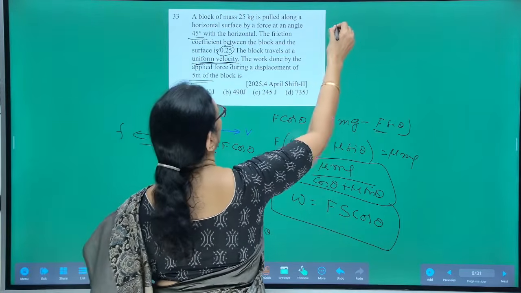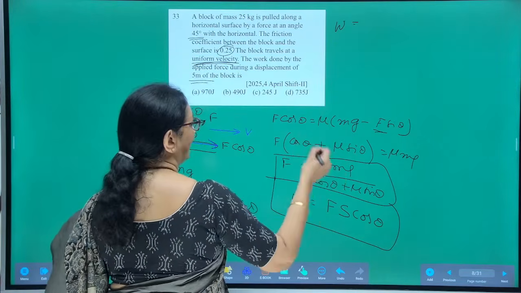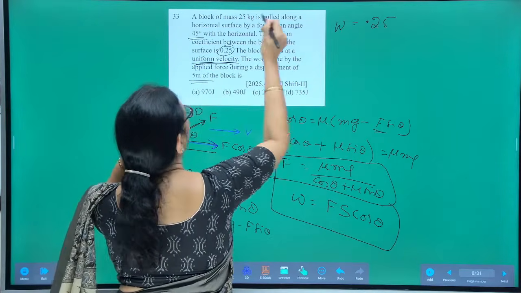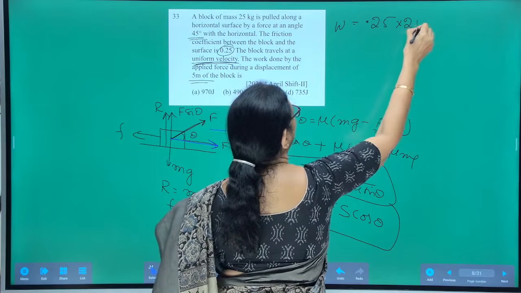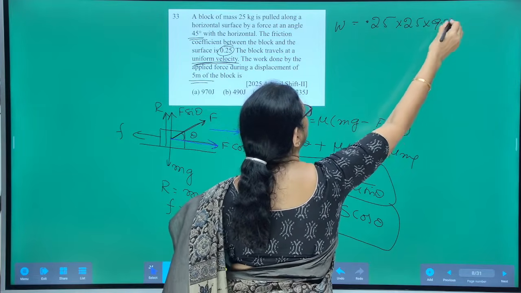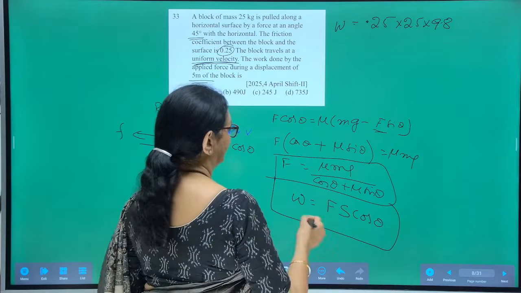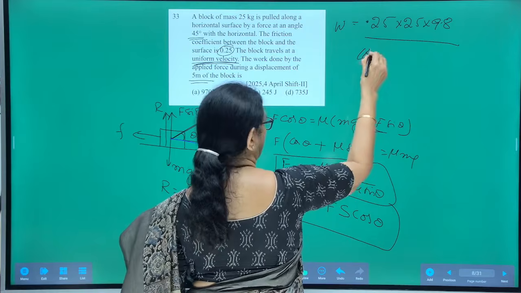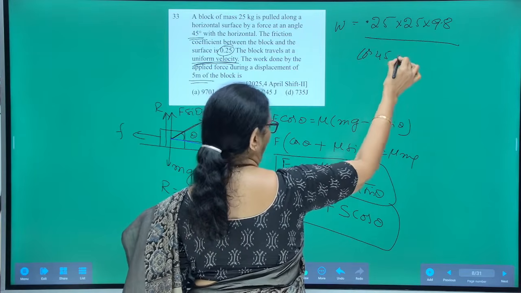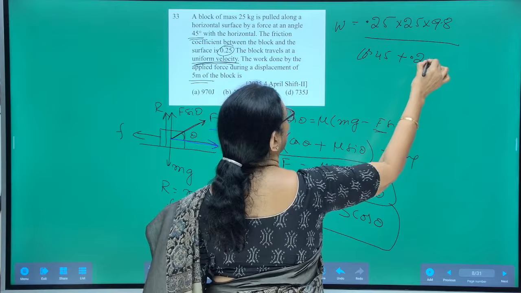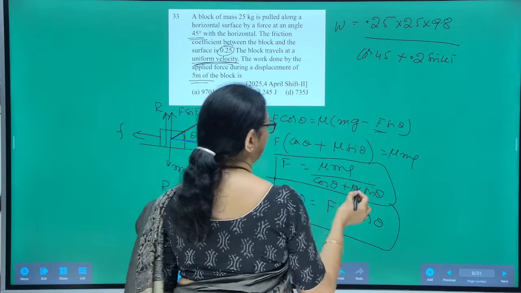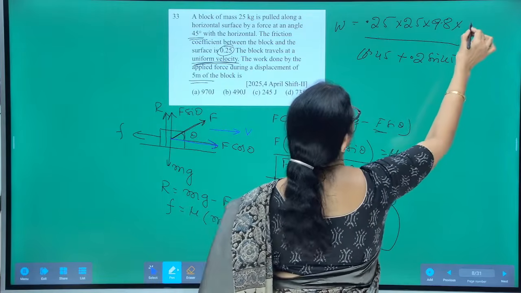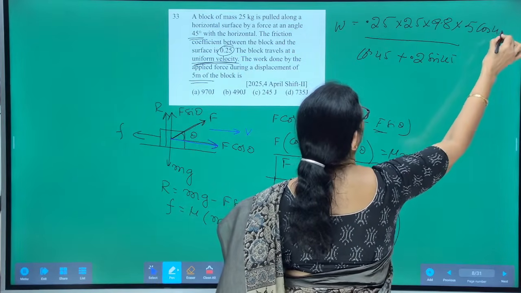So, here work done is equal to F, where F is mu 0.25, m is 25, g is 9.8, mu mg by cos 45 plus mu sin 45. This is F. S is 5 meters, F s cos 45.